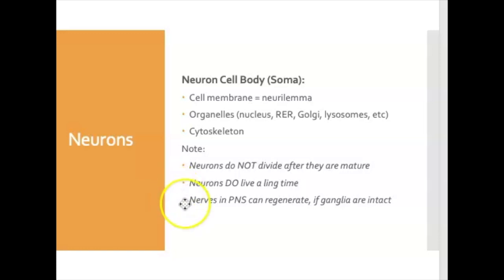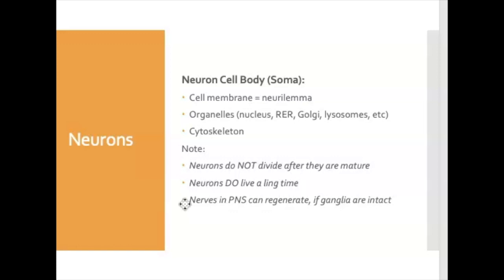Now, when it comes to nerves in the peripheral nervous system, nerves can regenerate, but only under certain conditions. So if you have an injury to a part of the body and a nerve is damaged or even broken, transected, or cut, under certain circumstances, that nerve can grow back, it can regenerate. Now, that is not coming from cell division. That's not coming from the injured neurons dividing.